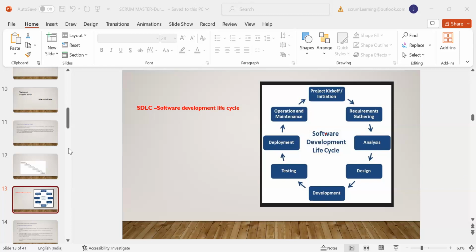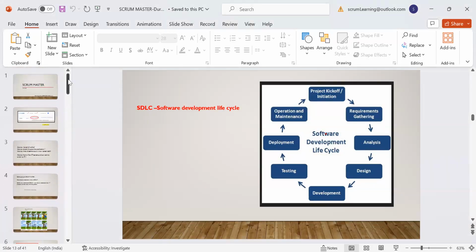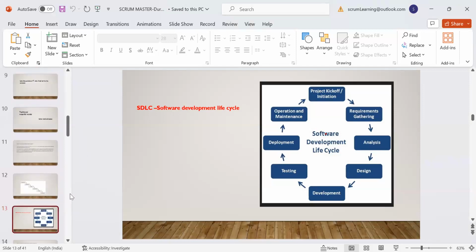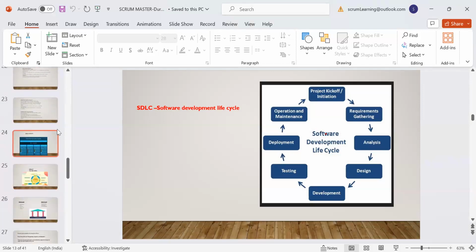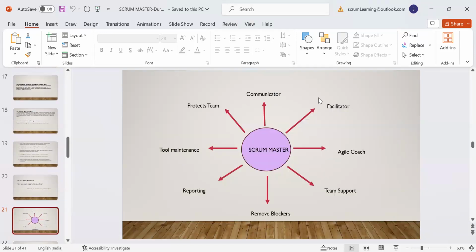I will again come to that, for the benefit of everyone. This is the Scrum Master role I was talking about. He's a facilitator, a coach, a person who supports the team.